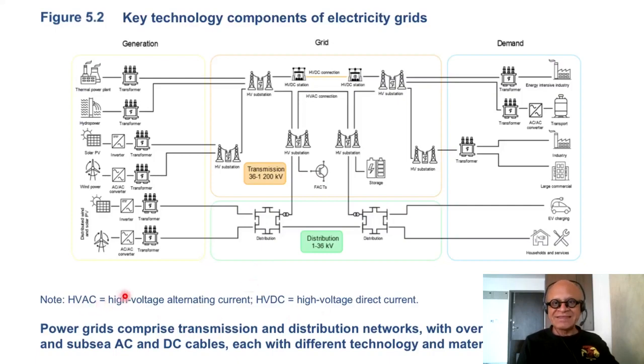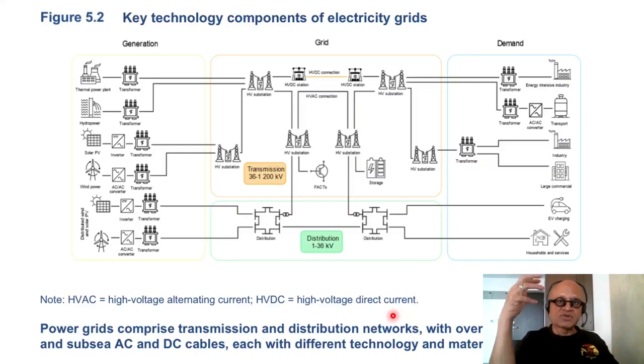You have probably read elsewhere, or you can look up my other podcasts in terms of the differences between generation, ease of generation for AC and DC versus transmission problems or advantages and disadvantages, pros and cons of AC versus DC. Power grids comprise transmission and distribution networks with overhead, underground, and subsea AC and DC cables, each with different technology and materials.